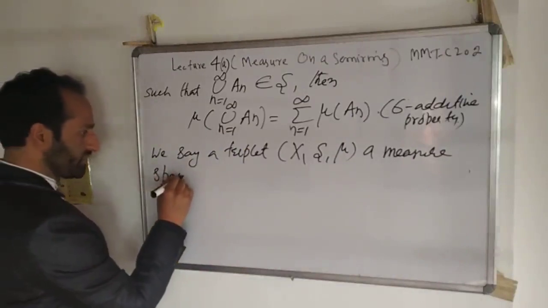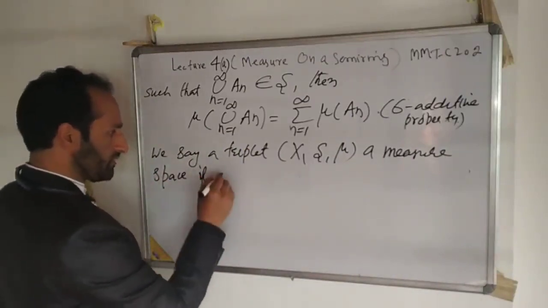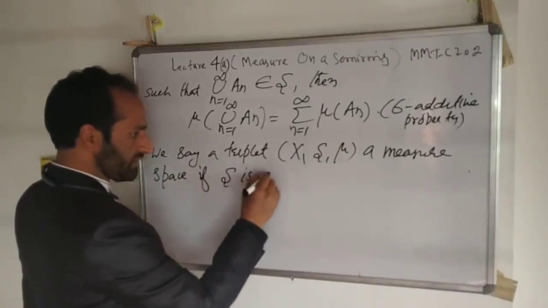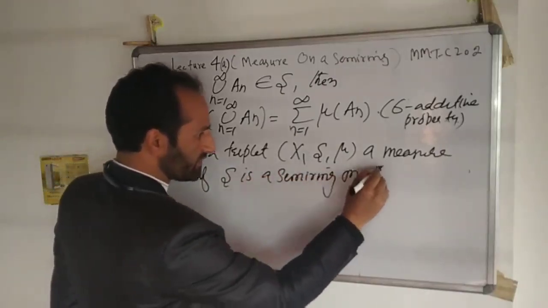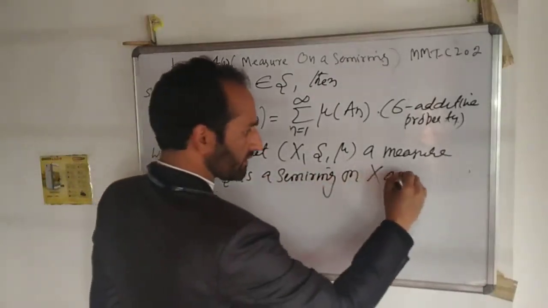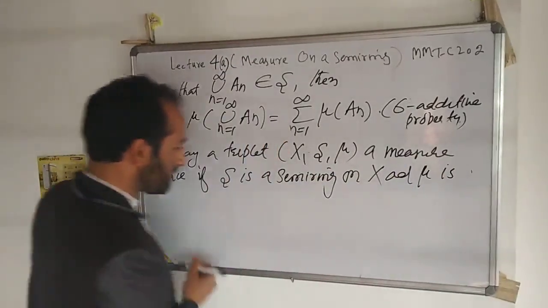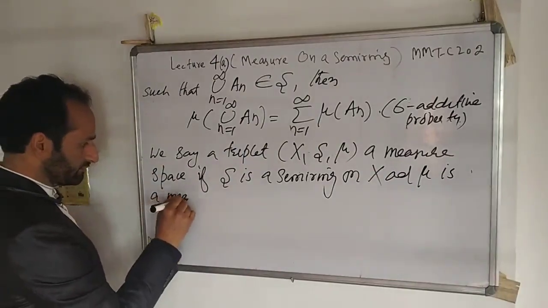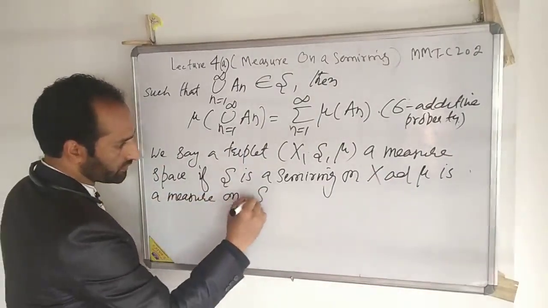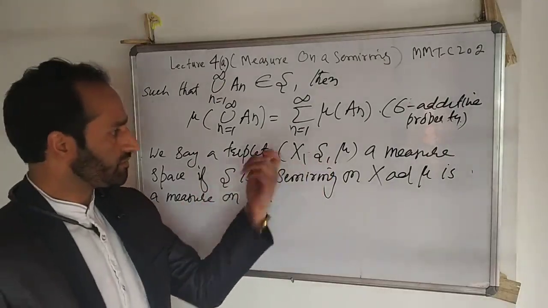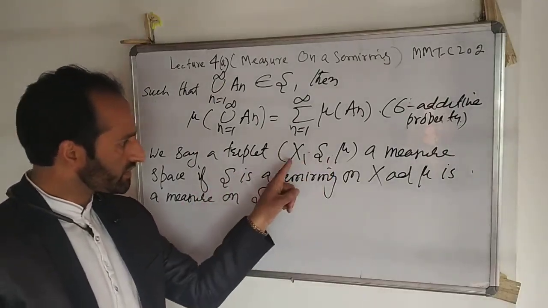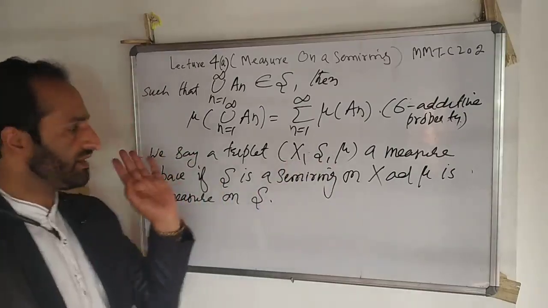When we call it a measure space, S is a semiring on X and mu is a measure on S. So in future, whenever we say that the triplet is a measure space, it means that S is a semiring on X and mu is a measure on S.